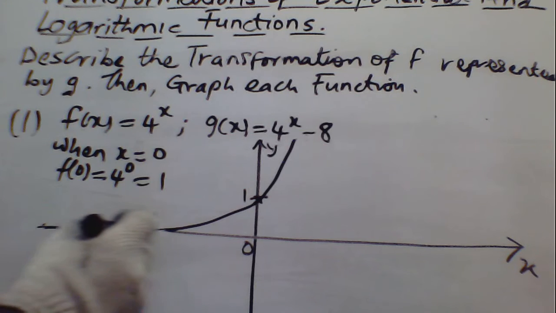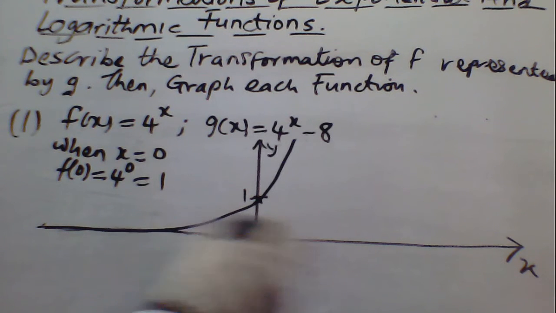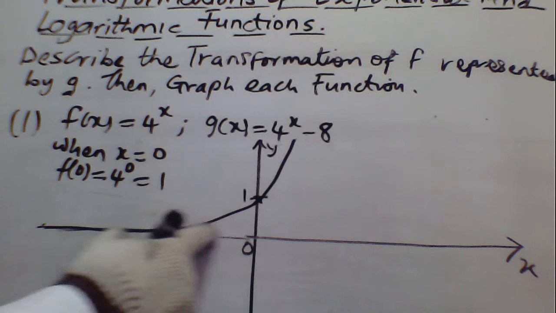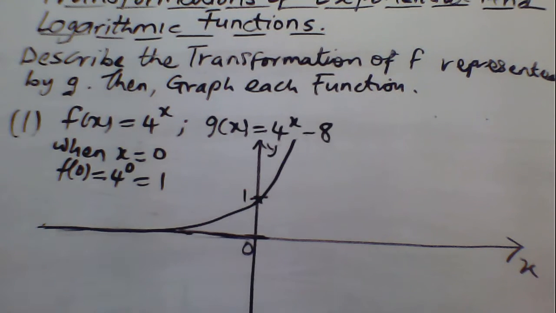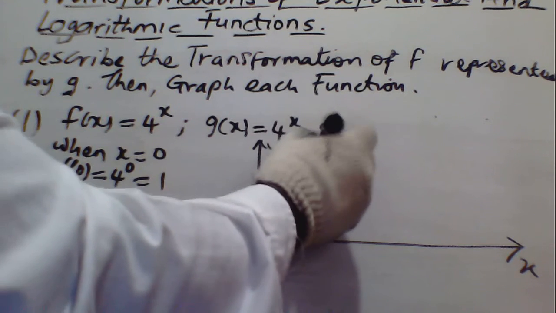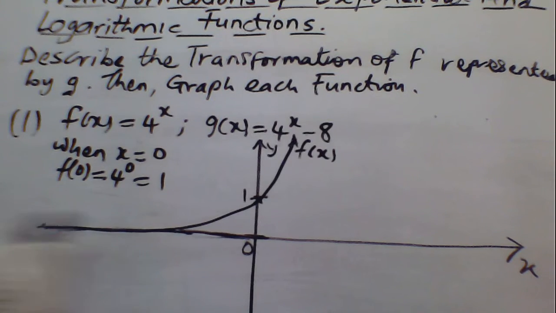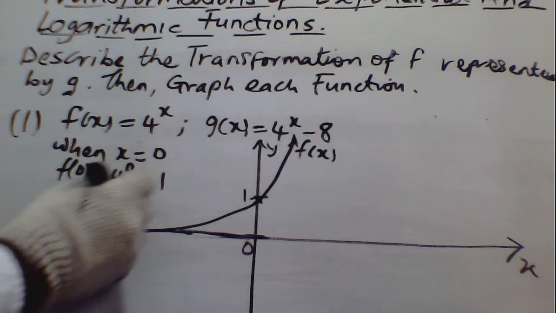So this is how it's going to look. The x-axis is the asymptote of f of x, because it's the parent.